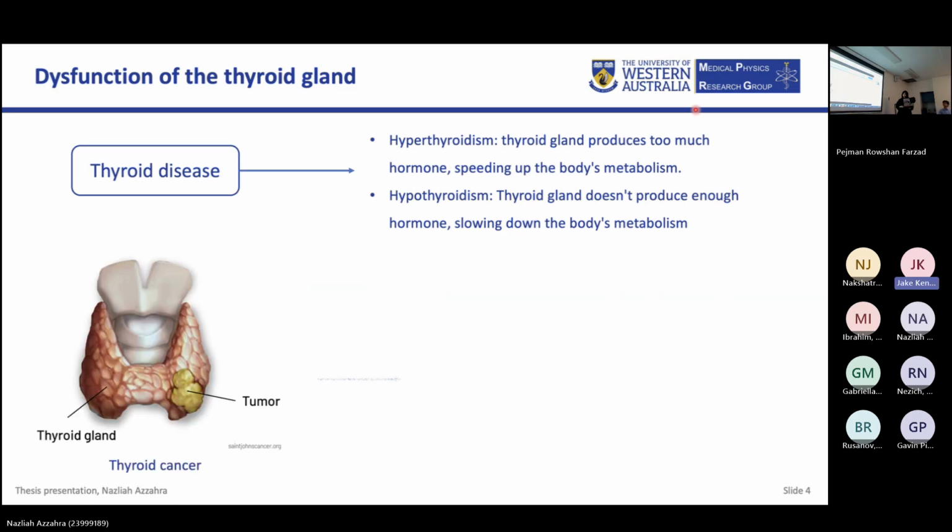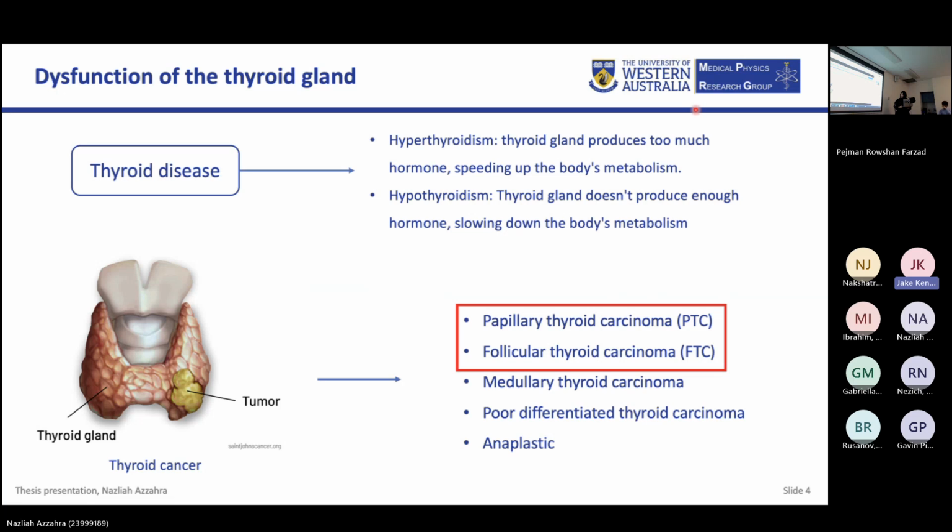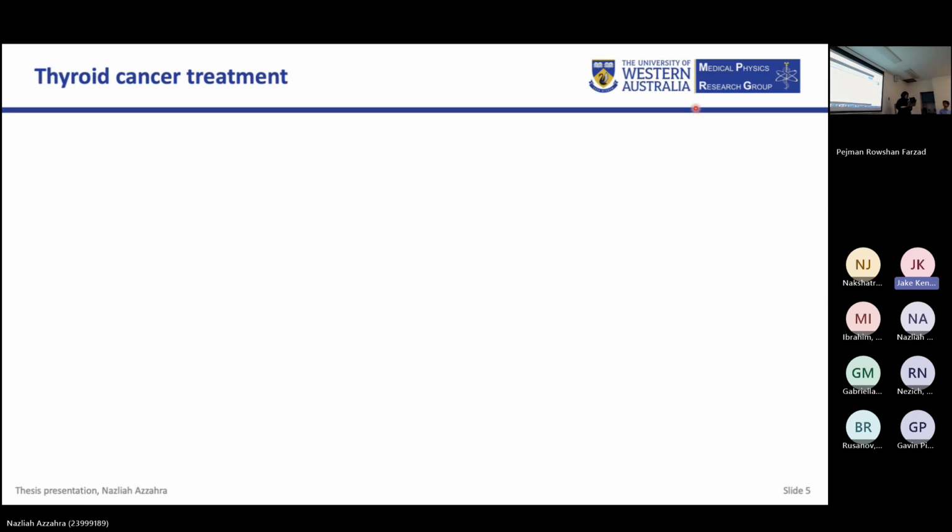In terms of thyroid cancer, there are five different types: papillary, follicular, medullary, differentiated carcinoma, and the last one is anaplastic. But only the first two, papillary and follicular, are responsive to iodine treatment. That's why in this thesis, I will only focus on those first two categories.